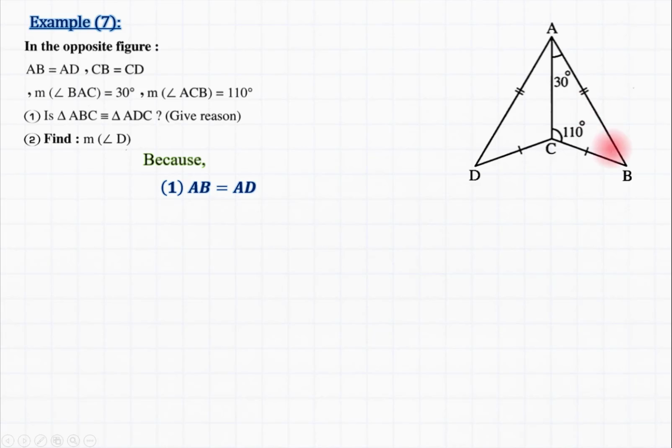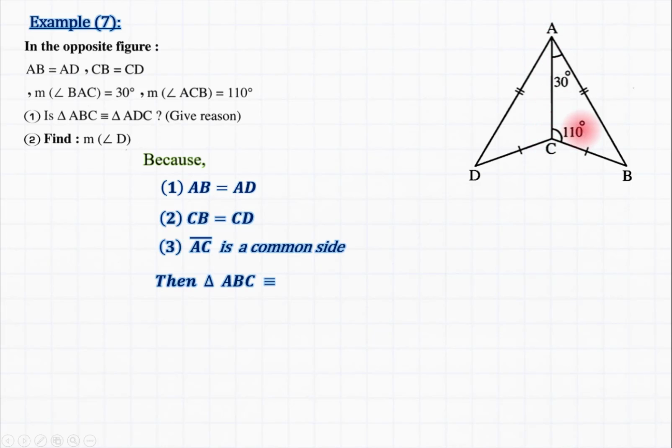Because AB equals AD is given and BC equals CD, and AC is the common side between these two triangles, therefore triangle ABC is congruent to triangle ADC because side, side, side.